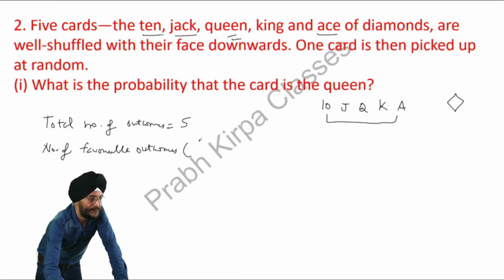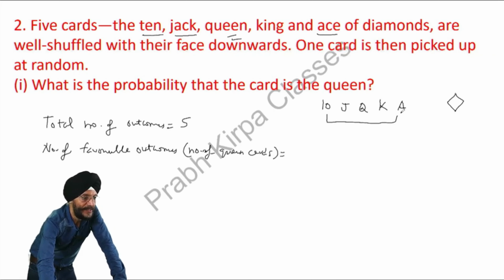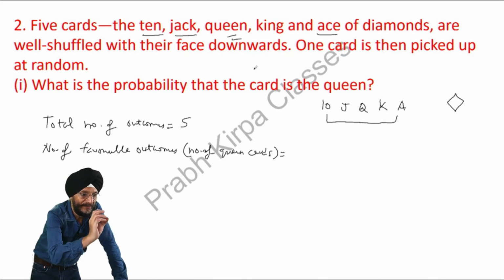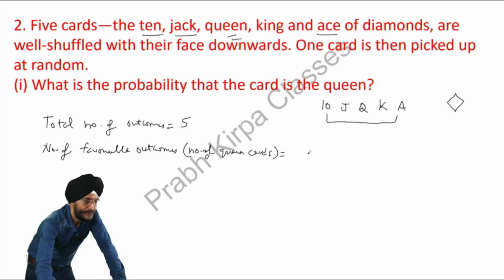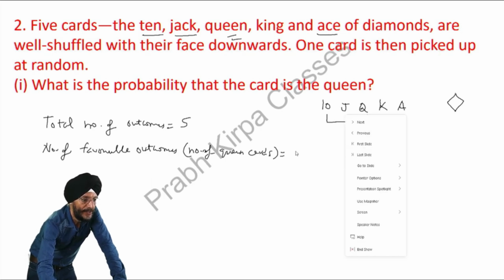It means the number of queen cards. How many queen cards have been given? That is the queen card which is a diamond. It is only 1. Out of these 5, only 1 card is a queen card.